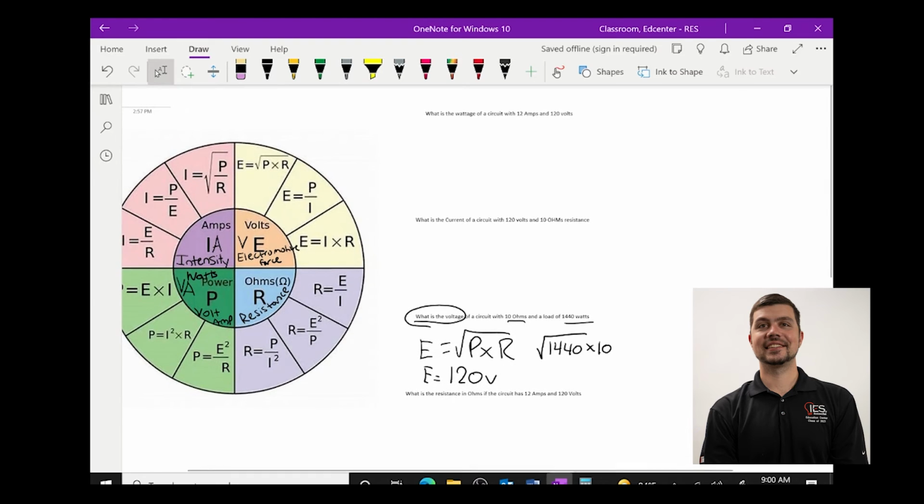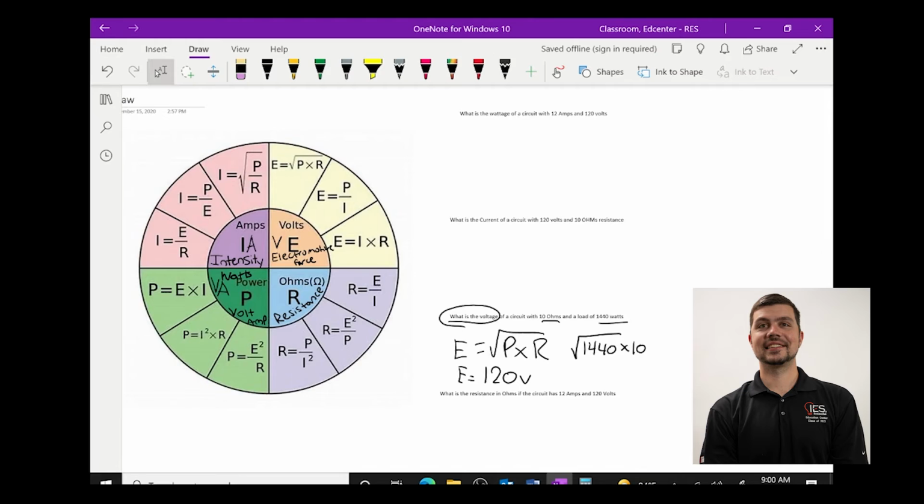So what is the wattage of a current that has 12 amps and 120 volts? Right now I'm looking for wattage, so I'm going to be looking down here. All right, well, that's going to be power equals amps and volts. I see amps and I see volts. This is what we're going to use right here.